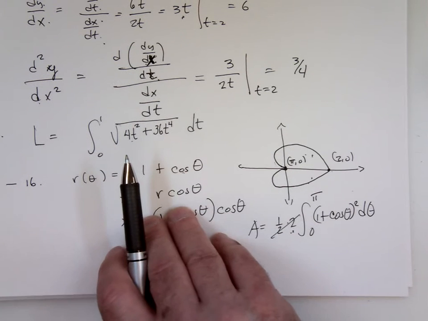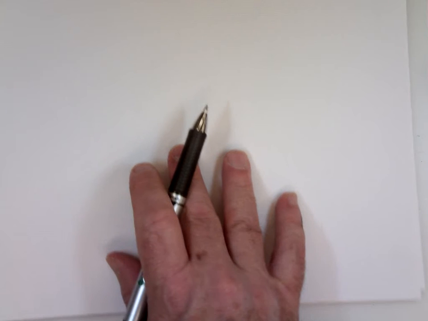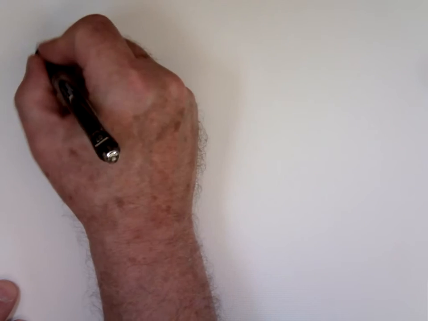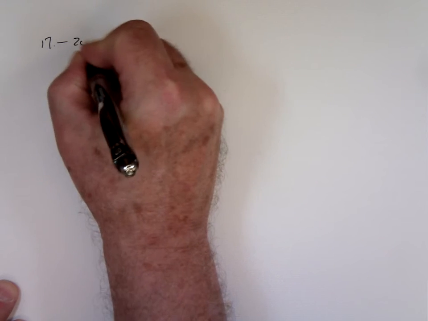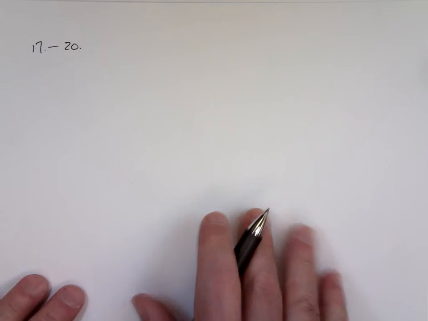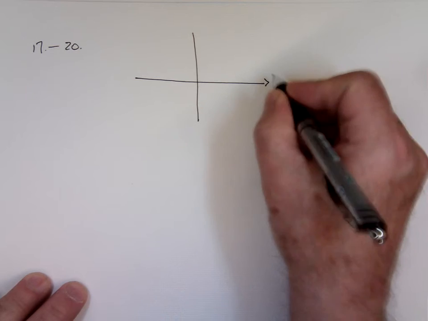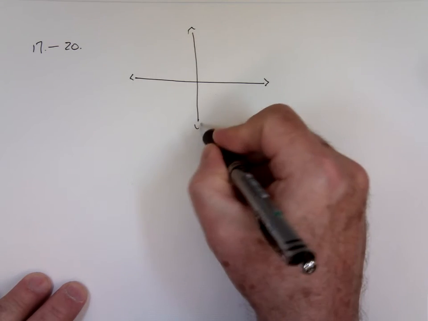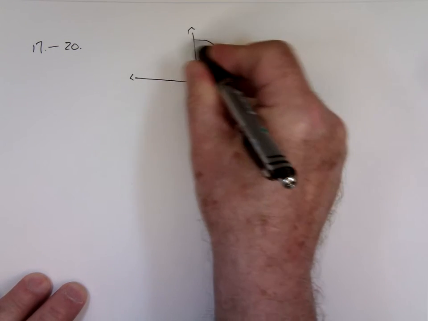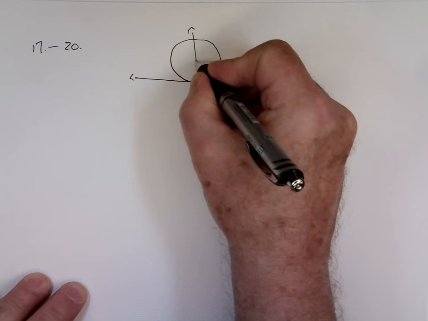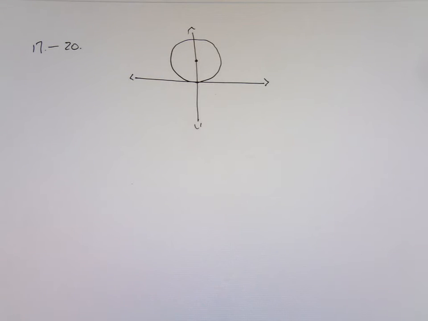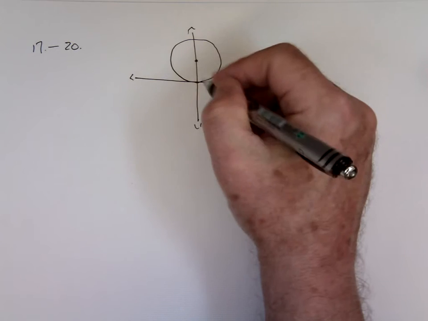All right, 17 through 20. Okay, here we go, 17 through 20. r(theta) equals sine theta. We're talking about a circle. Wow, it's a pretty good circle.